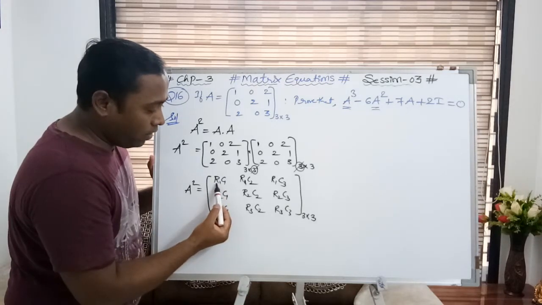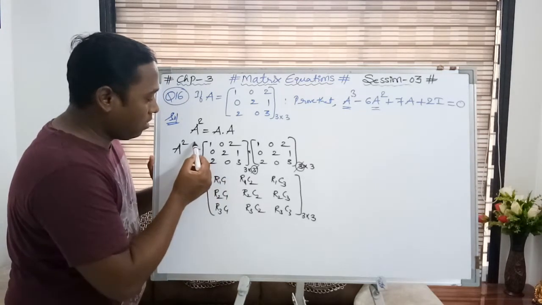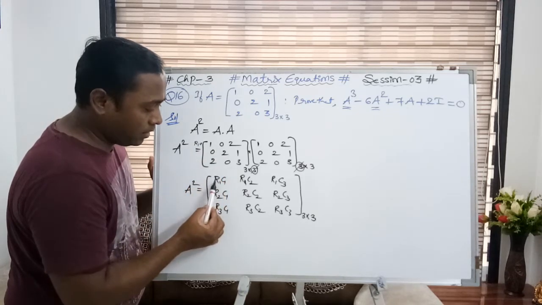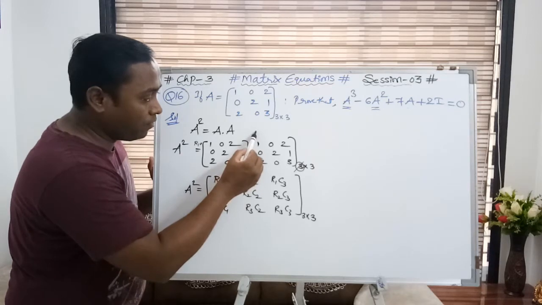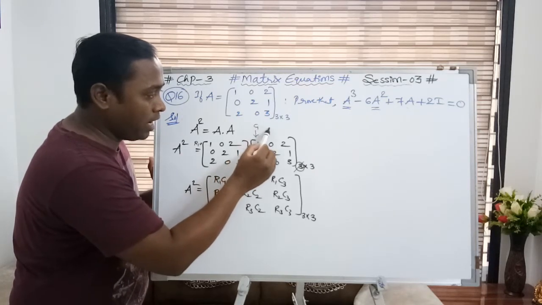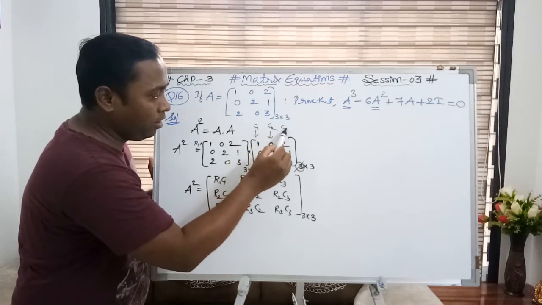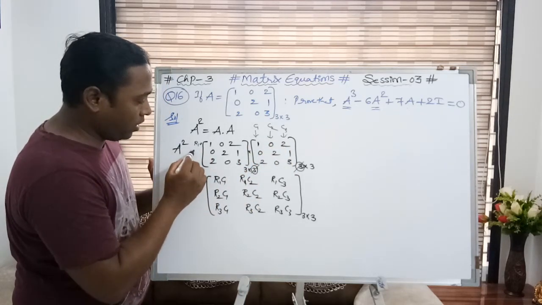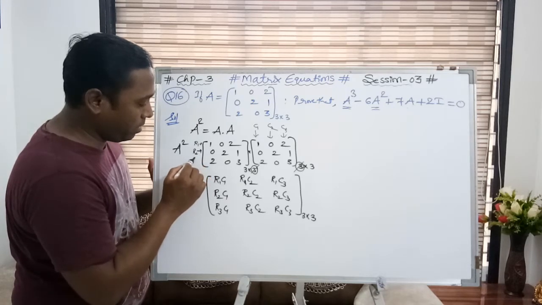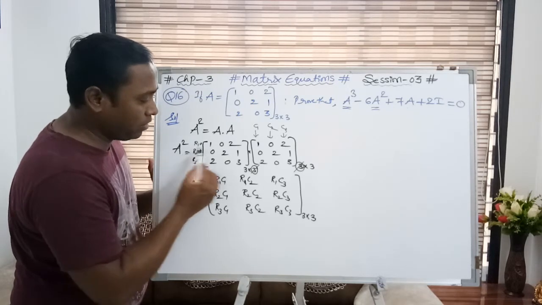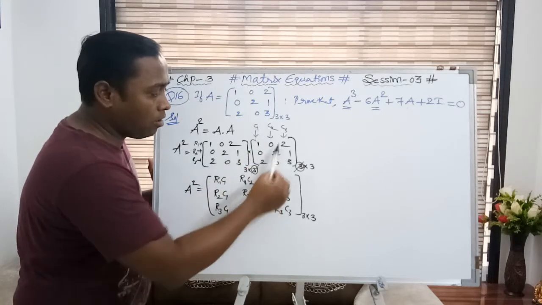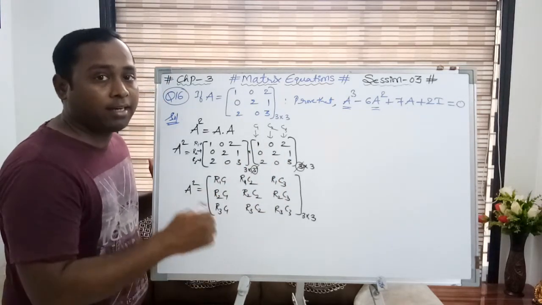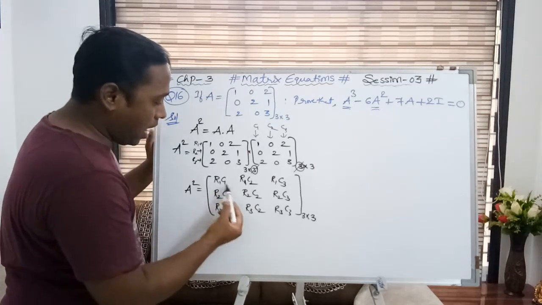So R1 into C1 means R1 is the first row of the first matrix, and column 1 means column 1 of the second matrix. So we are taking rows from the first matrix and columns from the second matrix, remember, and their respective products and their addition. Let us say R1 into C1.